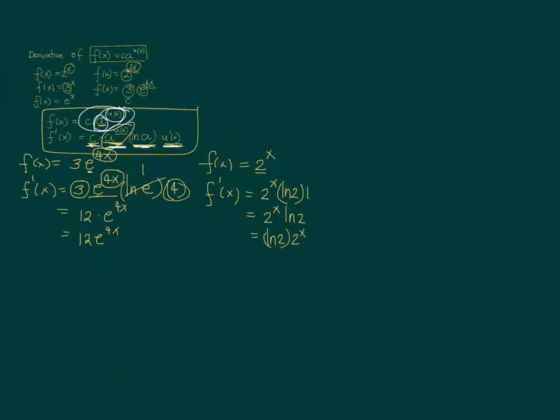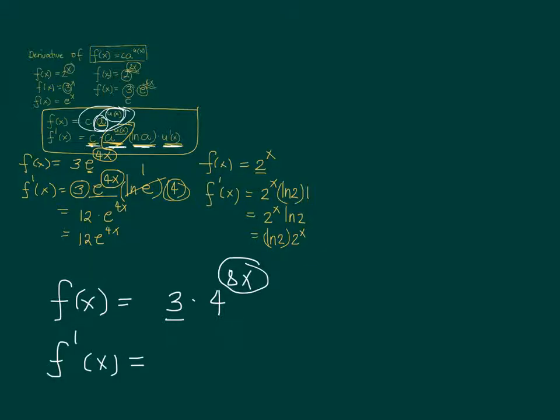Okay? So just for a recap, or final example so that you can get the idea, let's do one more example. Say f of x is equal to 3 times 4 to the 8x. So take note, 3 is not covered by the exponent 8x. 8x is simply the exponent of 4. So if I get the derivative, 3 will not change.